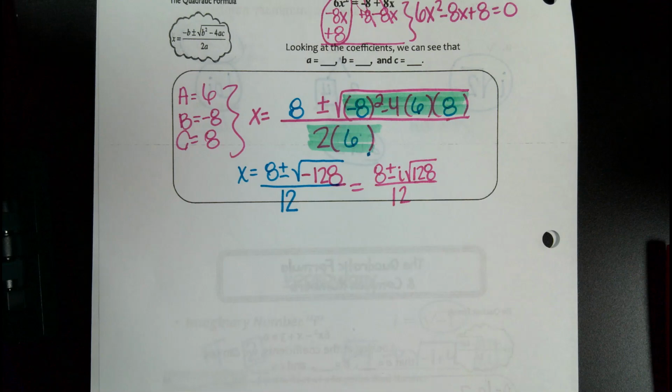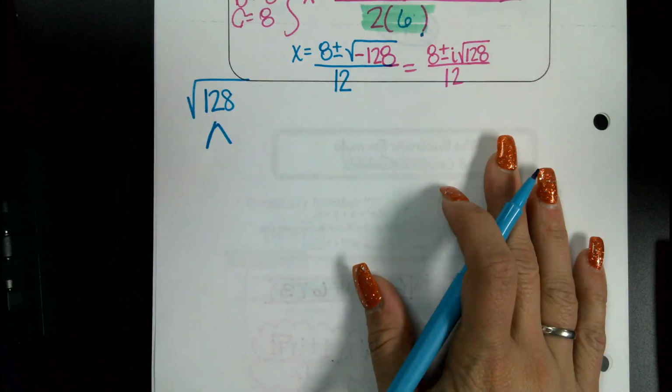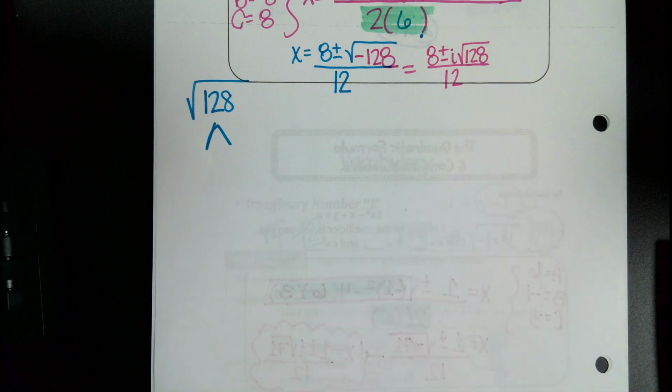Now you're looking at this, and we need to know, is 128 a perfect square? No. Well, you can check it on your calculator, right? Put a decimal. Let's take a look. 128, people. Definitely not divisible by 100.